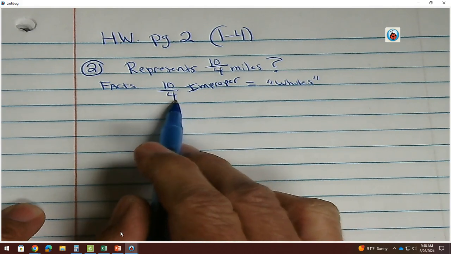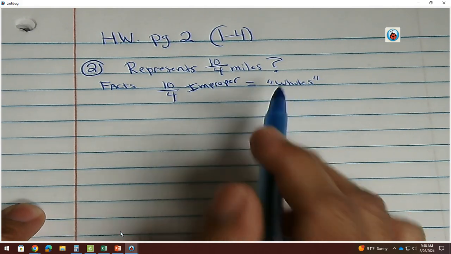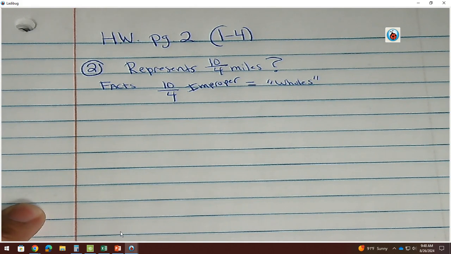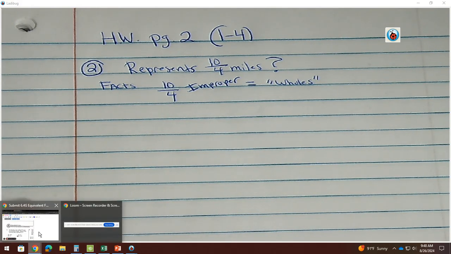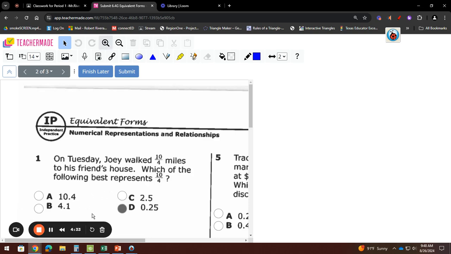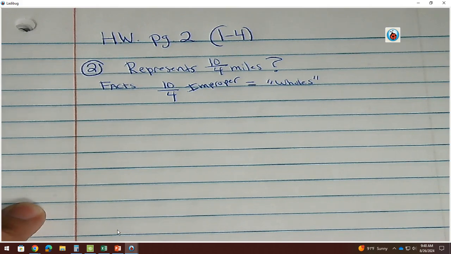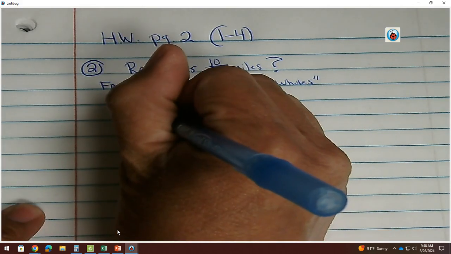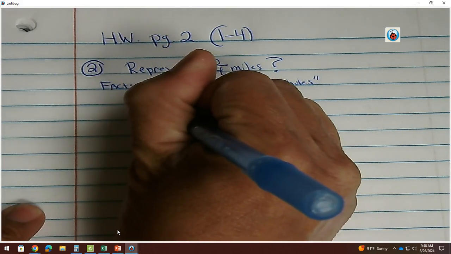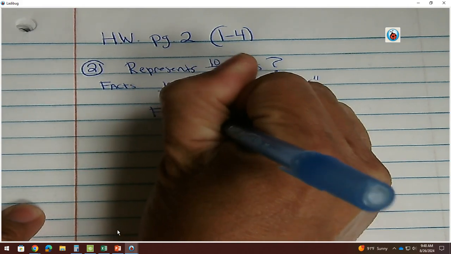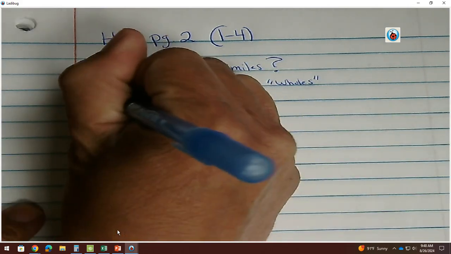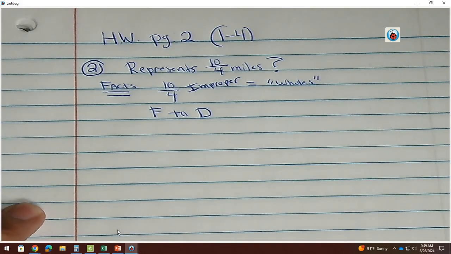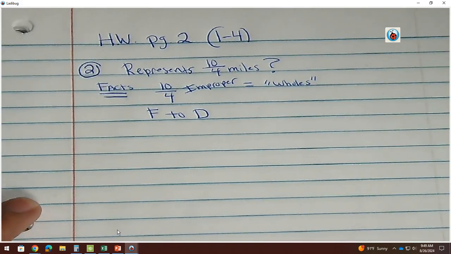Something else that I notice is that my choices are all in decimal form. So since they're all in decimal form, I know that they want me to go from fraction to decimal. All these are facts that I got from the problem.